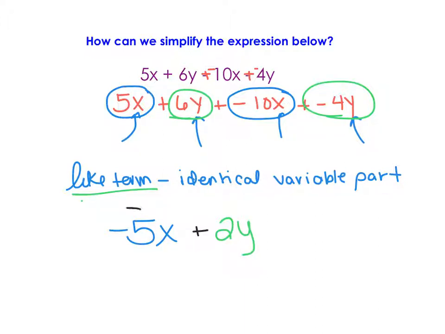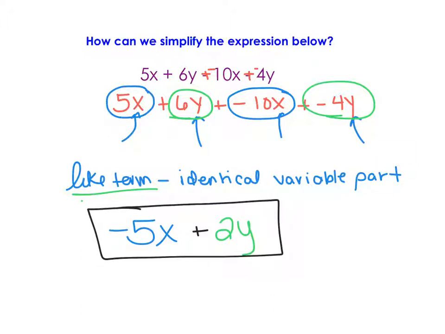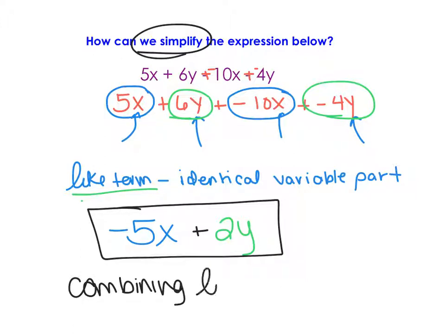So from here, we are completely simplified. We've combined all like terms together. So when we are simplifying an expression, what we are doing is combining any like terms together, and that means combining anything with identical variable components.